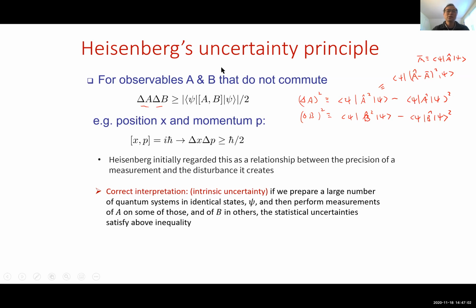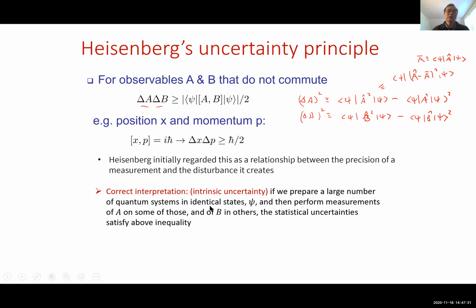It says if we prepare a large number of quantum systems in identical states psi, you are trying to measure the square of the observable and the average of the observable. That would define a standard deviation, and this holds if you perform the measurement many times, and that's the average.